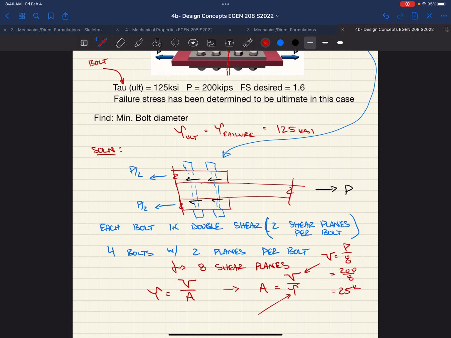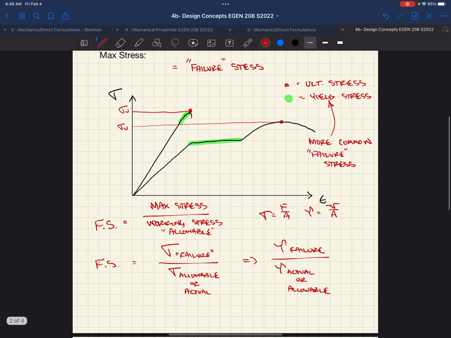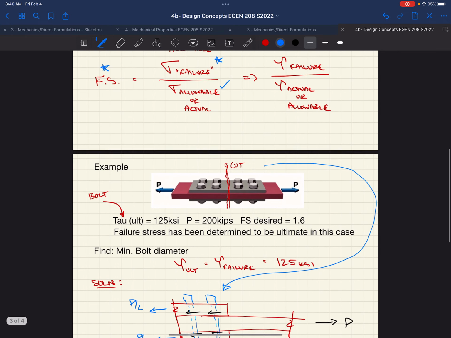Well, we know that our factor of safety is our failure stress over our allowable stress. We know when the bolt is considered to be failed. We know the amount of factor of safety that we want to impose upon it to feel good at night. And so we're going to make sure that our component doesn't exceed this allowable stress so that there's a factor of safety there.